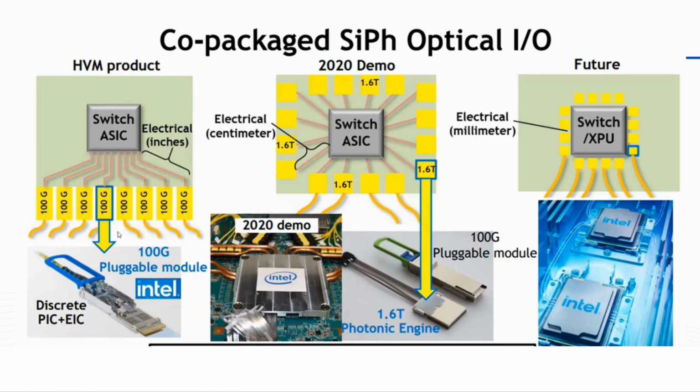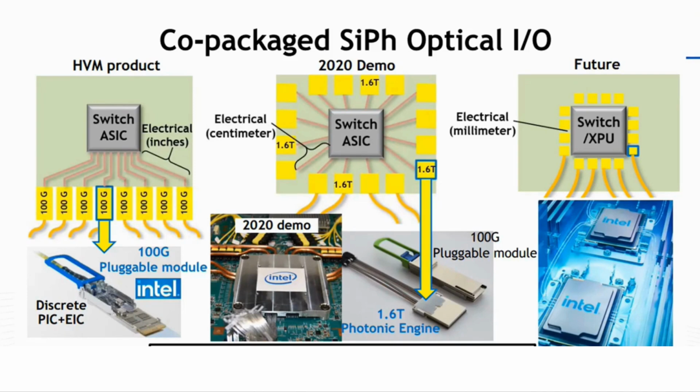As you see here, in 2016 Intel's pluggable module had 100 gigabit per second, but for the 2020 Intel demo, we can achieve 1.6 terabit, because the photonics and electronic circuits are fabricated near each other.